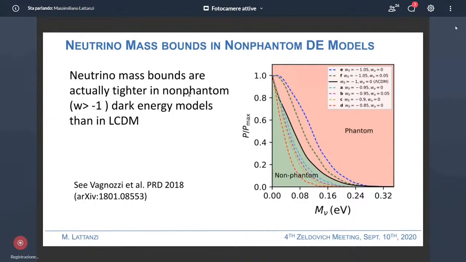If you take dark energy models, but with a prior on the equation of state parameter that w should be larger than -1, so you consider non-phantom dark energy models, the limits on the neutrino mass actually become tighter.